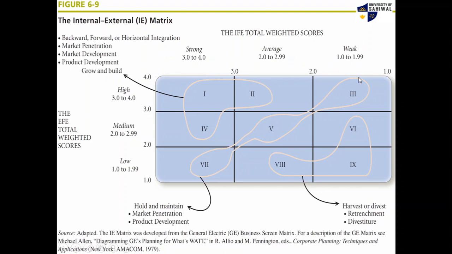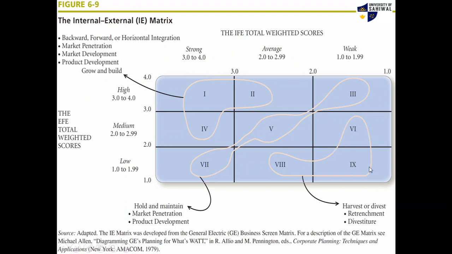We can mention that 1 to 2 is considered weak, 2 to 2.99 average, and 3 to 4 strong. Similarly, an EFE weighted score of 1 to 1.99 is low, 2 to 2.99 is medium, and 3 to 4 is high. So based on low, average and strong, or low, medium and high, we are placing SBUs into various cells.